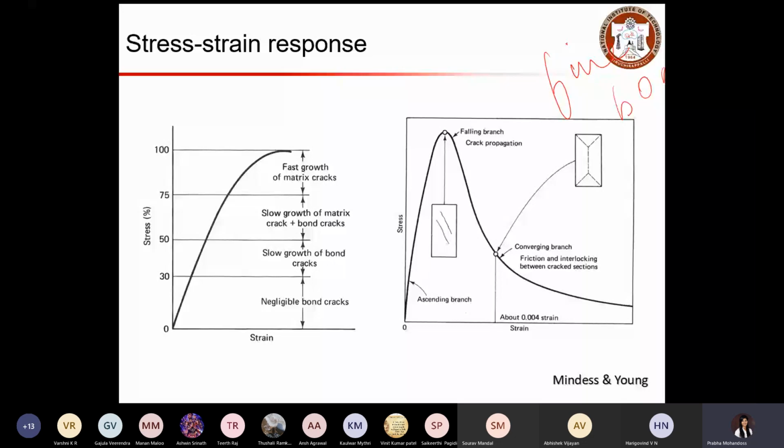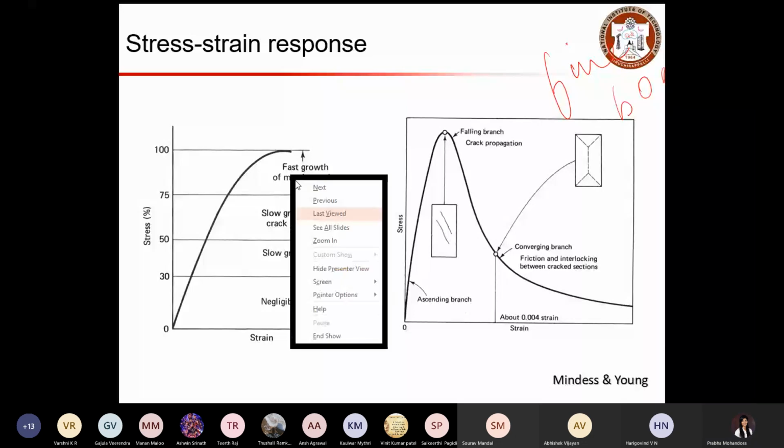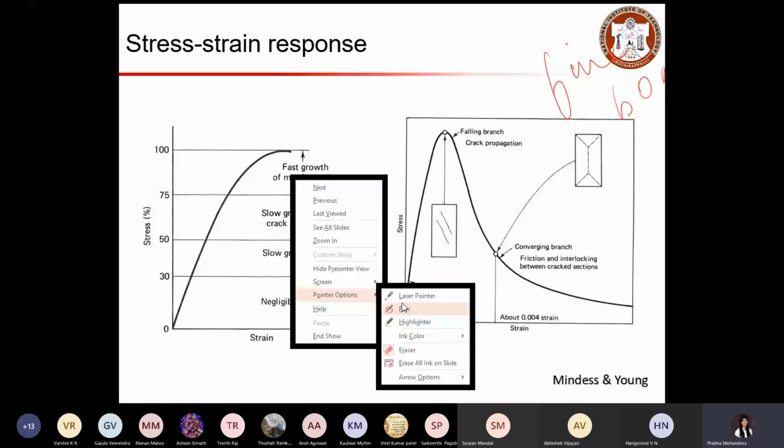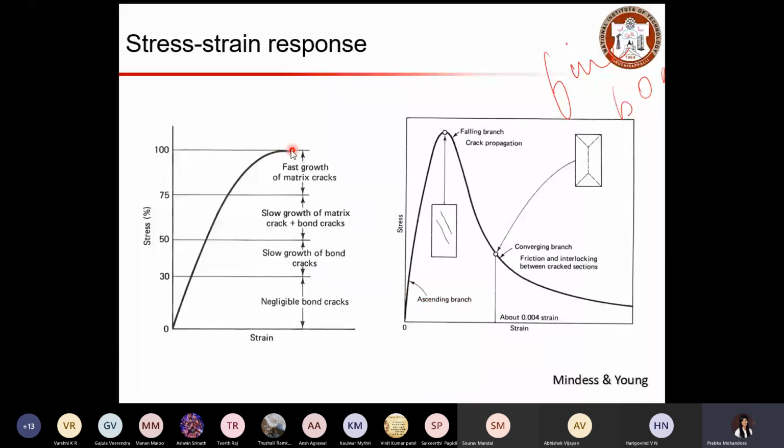So beyond that point, you can see the concrete cannot take much load, and you will start looking at a drop in your stress. So this shows the complete stress strain behavior.